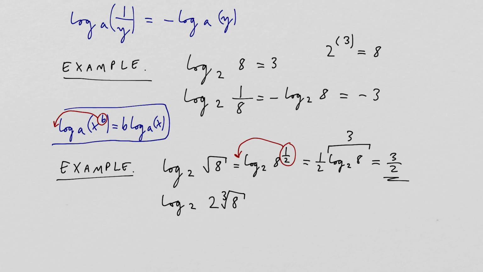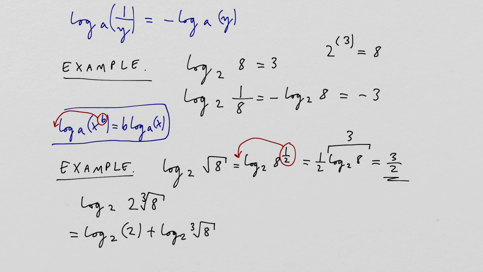Similarly here, we can take the log 2 of 2 and log 2 of third root of 8 separately. The first logarithm is just 1. We can write the third root as power 1/3.